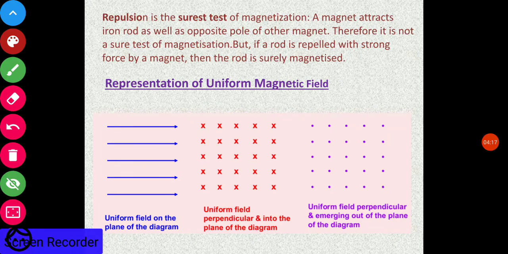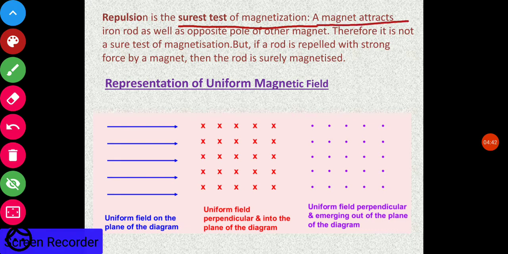Repulsion is the surest test of magnetization. That means, if we have a piece of magnet and a magnetic material rod, and we want to find out whether the given rod is a magnet or simply a piece of magnetic material, only repulsion can tell us. Why?